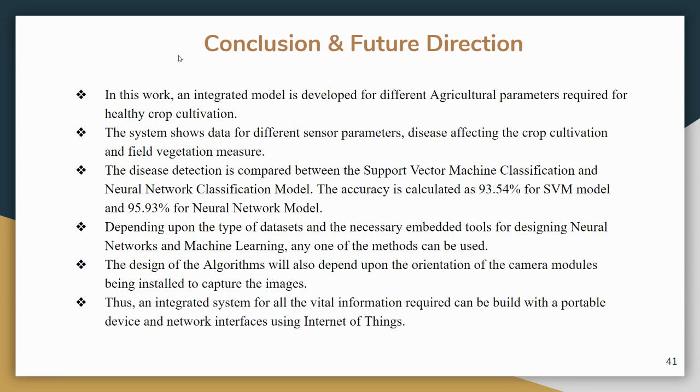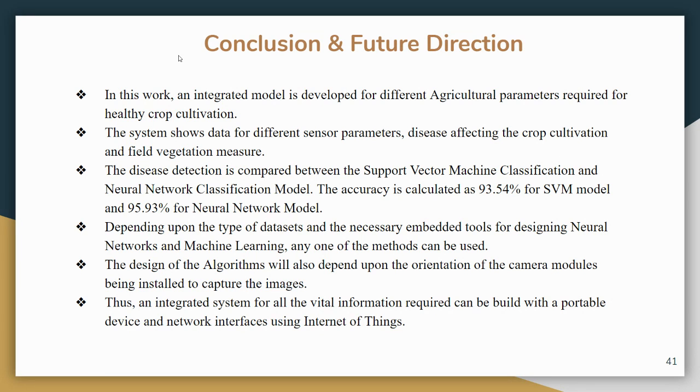We can see that both accuracies are approximately the same, whereas the neural network gives a better accuracy. The selection of the model and the type of algorithm that will be used depends upon the type of data sets, and the embedded tools required for designing the whole system will also be a crucial point.